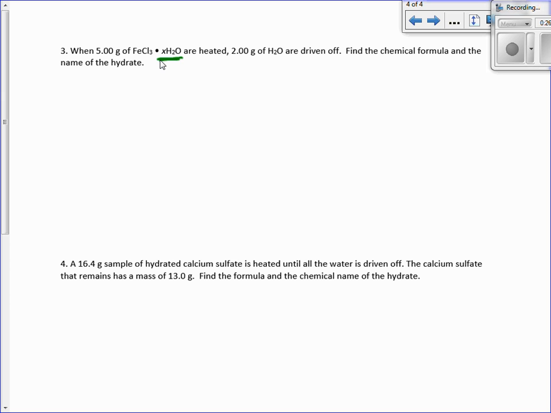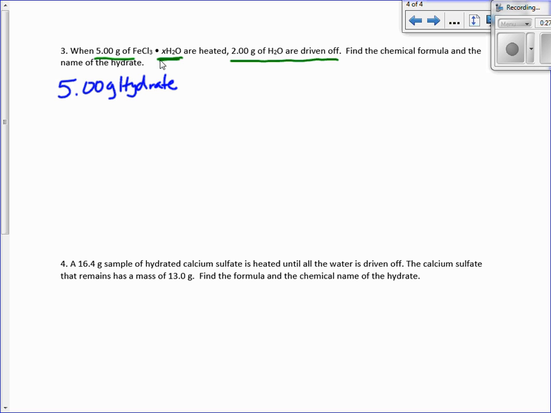We have 5 grams, and then it tells us 2 grams of water are driven off. Okay? So what's my total mass of the hydrate here? Which one's the total mass of the hydrate? 5 grams. So we have 5 grams. That gives us the hydrate.